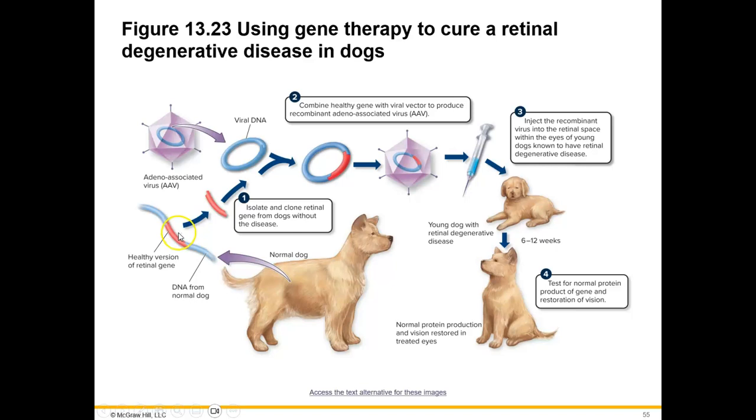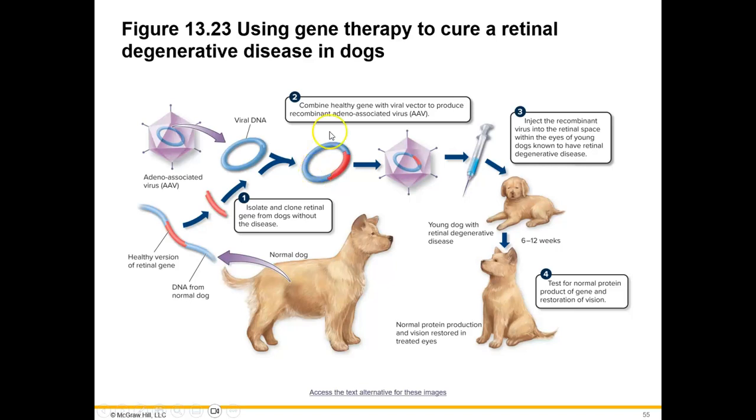If they don't have this gene, or if they have a mutated version of the gene, they could be blind and unable to see completely because they're not producing that specific protein that is needed for them to have good vision. So we will take the viral DNA from that virus and insert that specific target gene that the dog does not have.